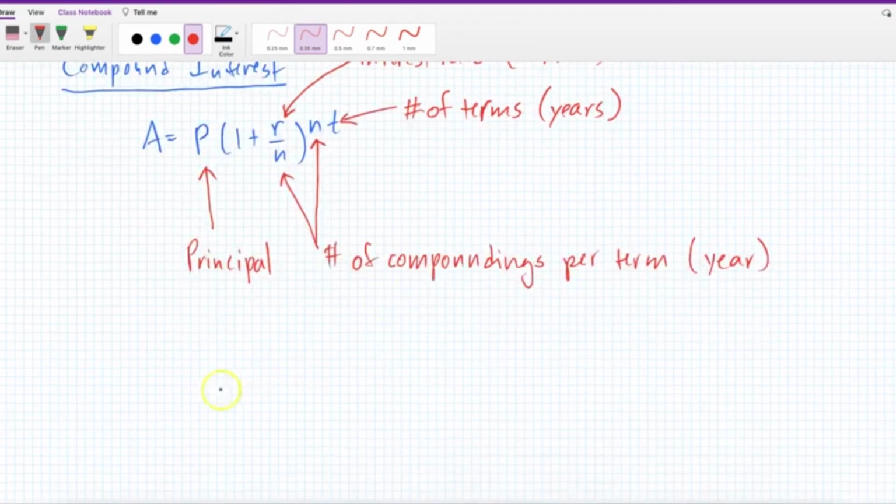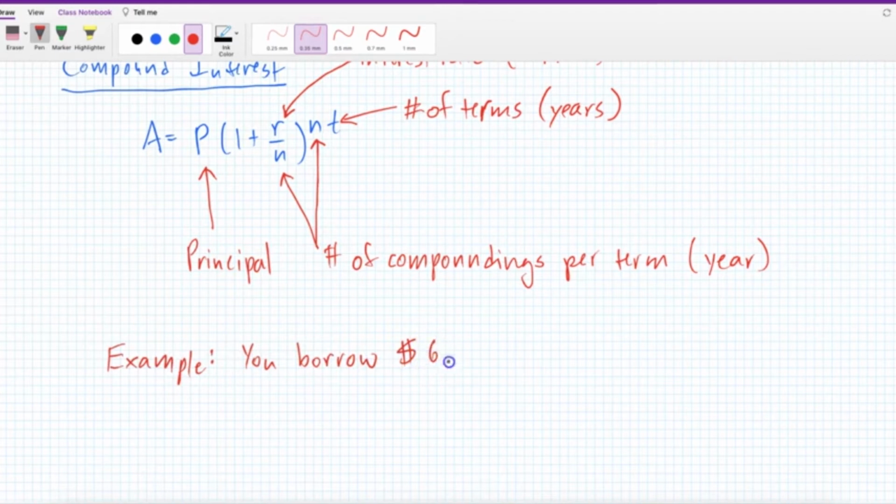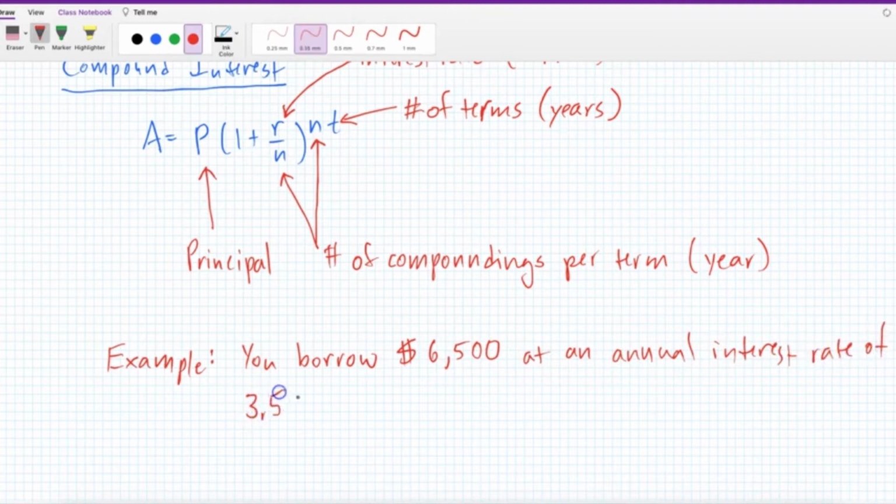Okay, so let's look at an example of this. So let's say you borrow $6,500 at an annual interest rate of 3.5% compounded monthly.